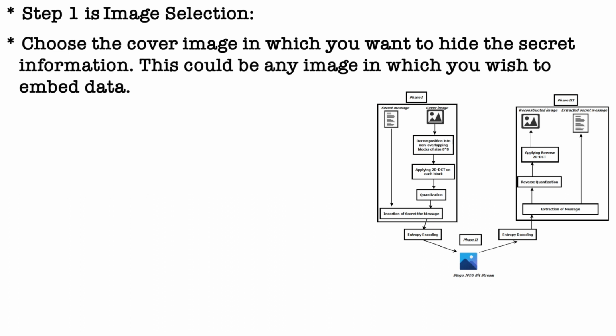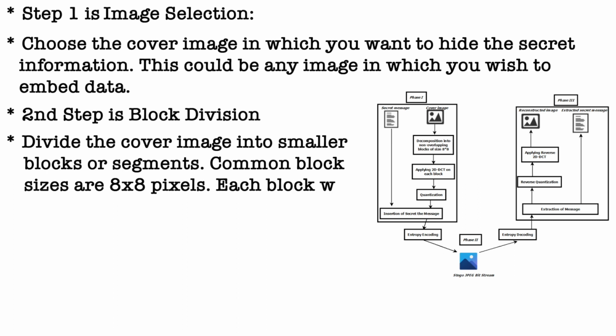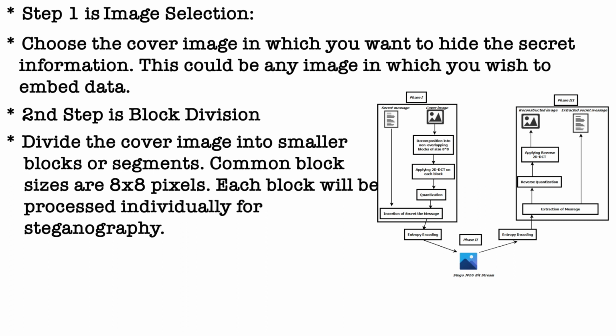This could be any image in which you wish to embed the data. The second step is block division. Divide the cover image into smaller blocks or segments. The common block size is 8 cross 8 blocks. Each block will be processed individually for steganography.